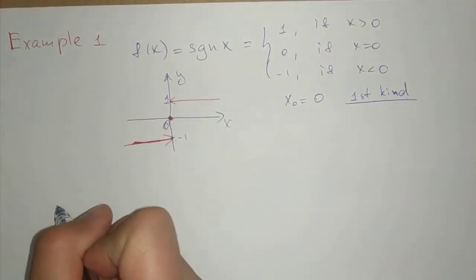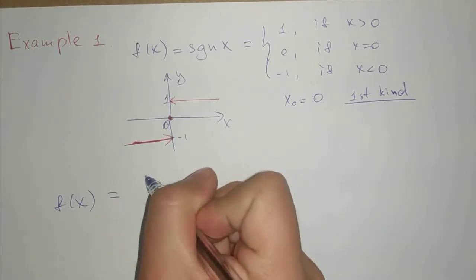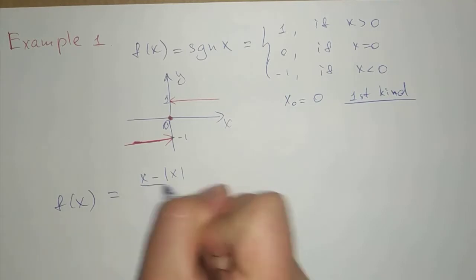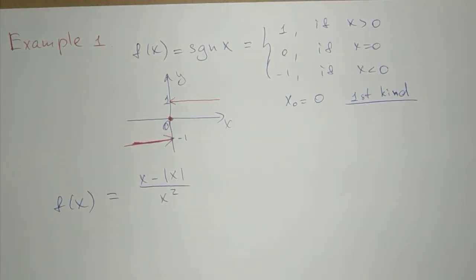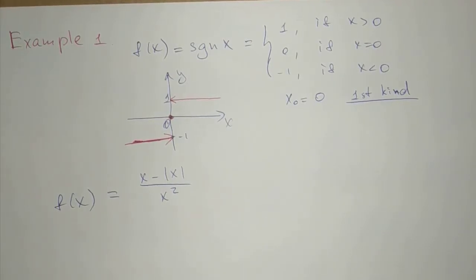So the next function is f(x) = (x - |x|)/x², for example. Let's find the points of discontinuity and determine their kind.